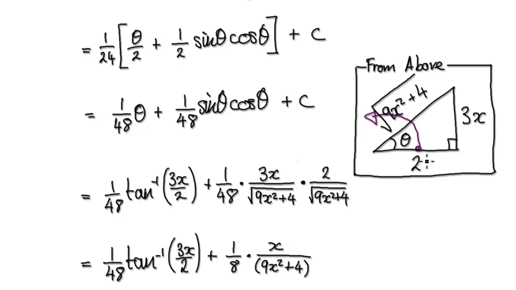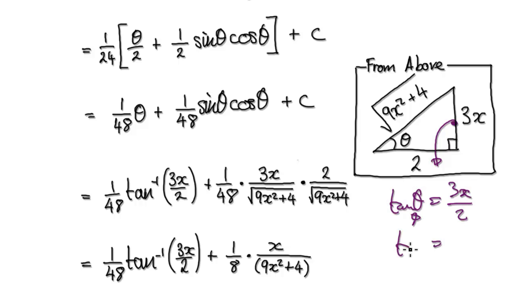So it would be adjacent over hypotenuse, which is 2 over the hypotenuse, and then you ultimately want theta. Well, earlier we said let tan theta equals 3x over 2. So if you want theta on its own, then you inverse tan both sides. So theta equals inverse tan of 3x over 2.